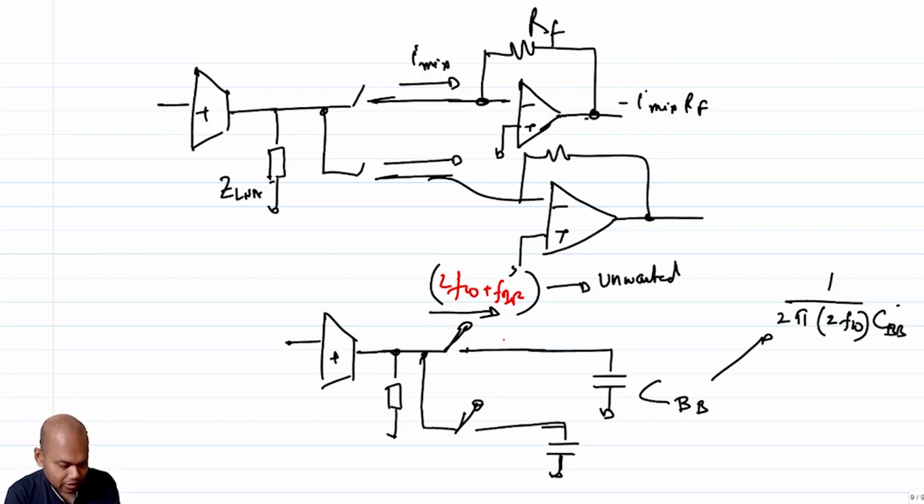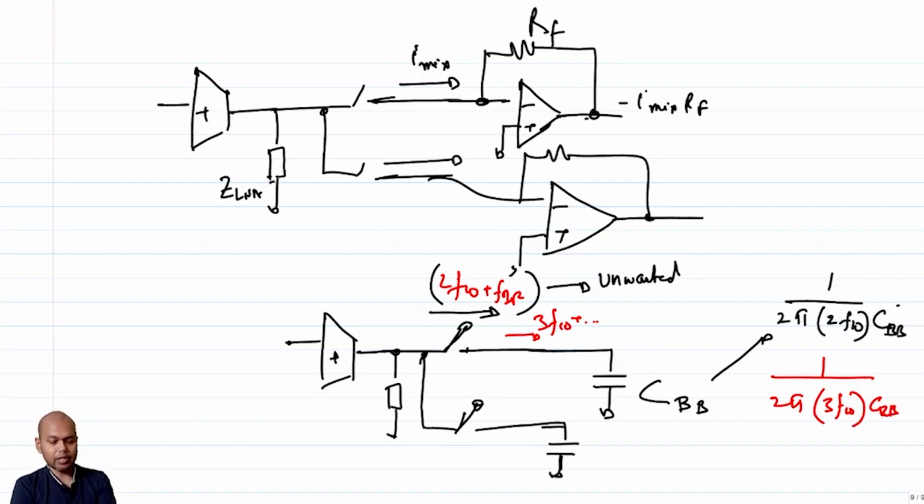If I have a higher order current, say 3 FLO plus FIF, or 3 FLO plus dot dot dot, then the current is going to see the same capacitance, but now the capacitance is going to provide an impedance of 1 over 2 pi times 3 FLO times CBB.